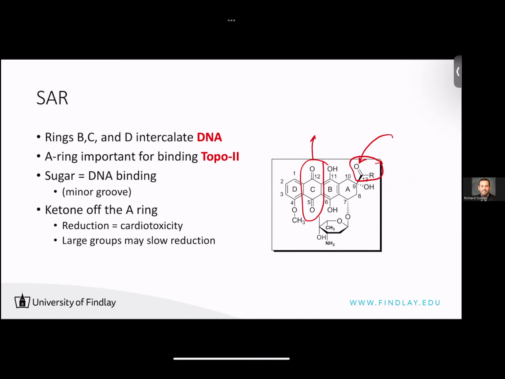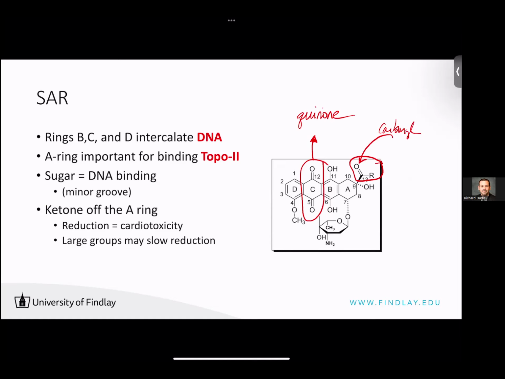This particular portion of doxorubicin is called a quinone. And then, of course, this is just a carbonyl group.